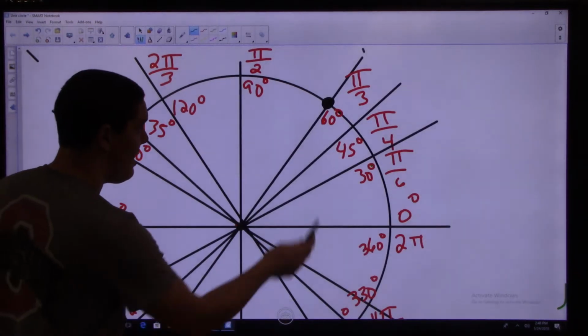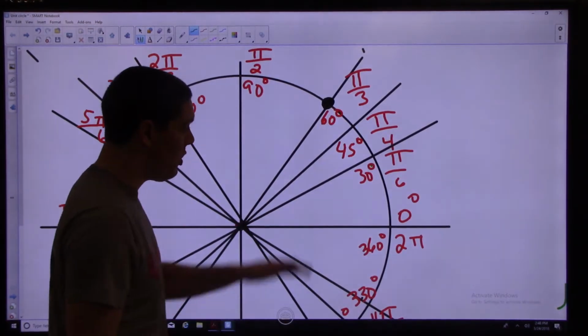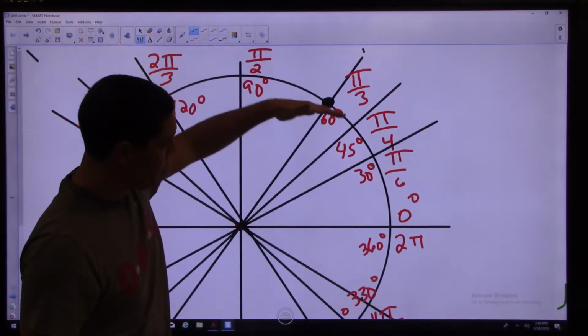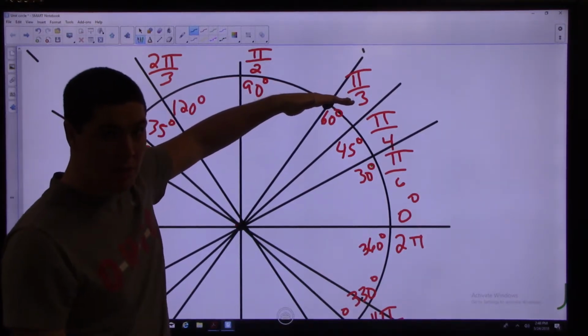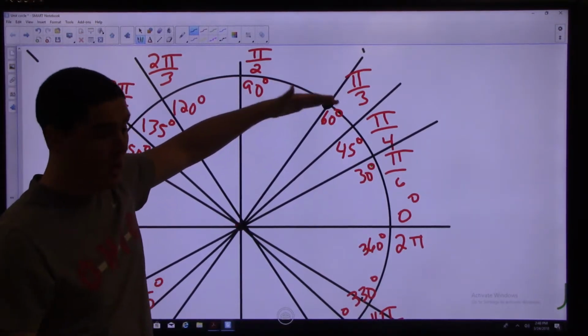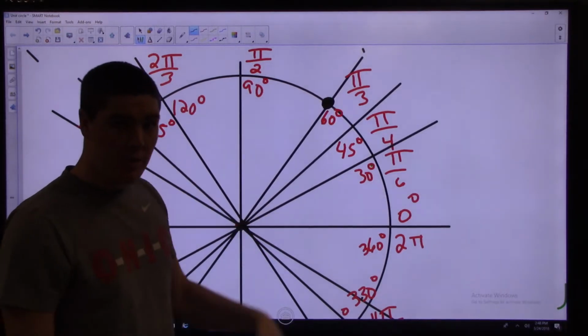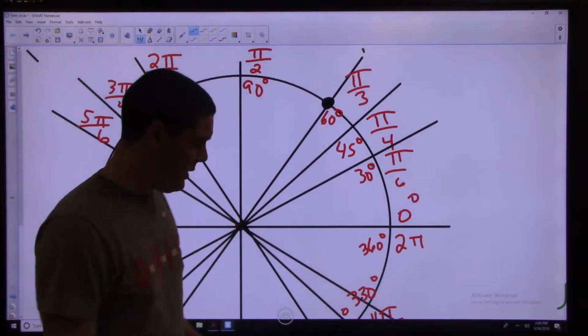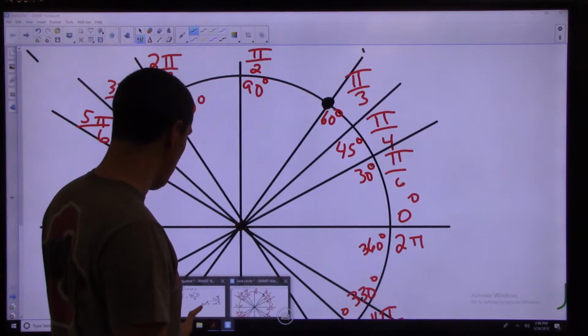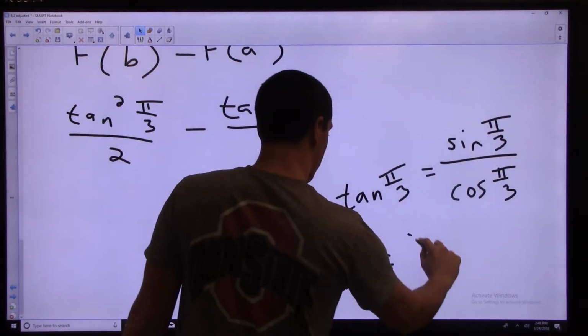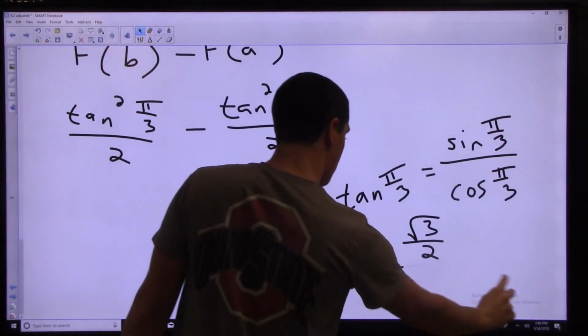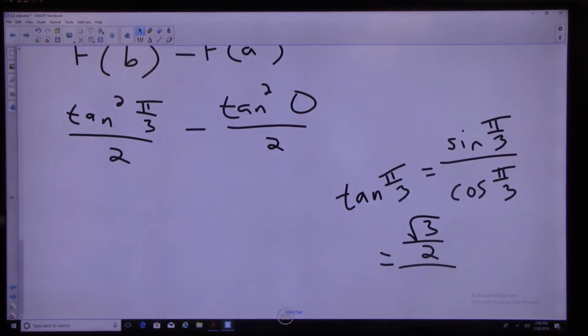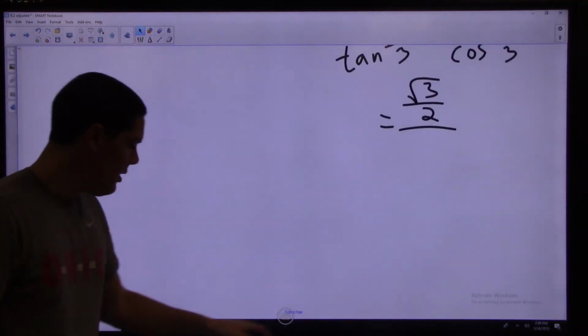So what is the y value of this point going to be? Is that my smallest y value, my middle y value, my biggest y value? Everybody should know it's my biggest y value. So the sine of pi over 3 is going to be the biggest important value we have to choose from, which is square root of 3 over 2. This should be a review from advanced math. All right, trig. Let's keep it going.